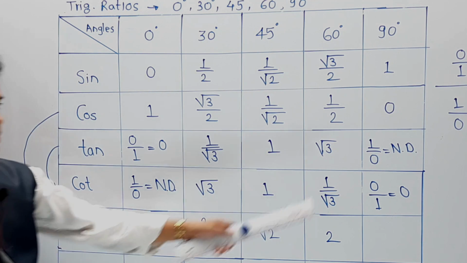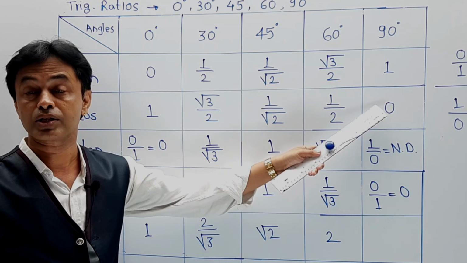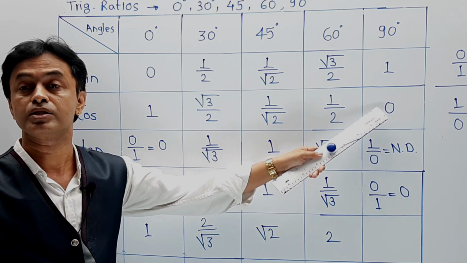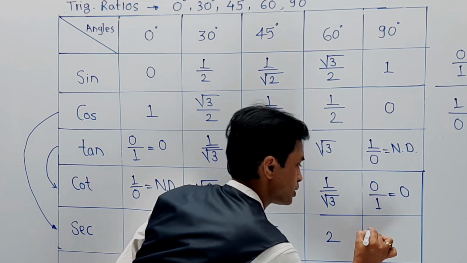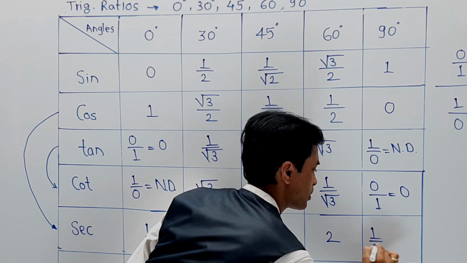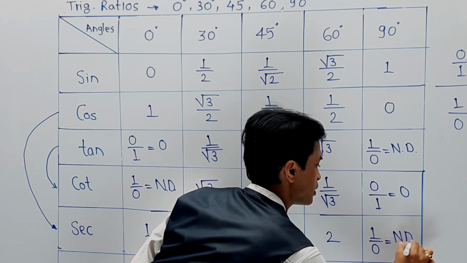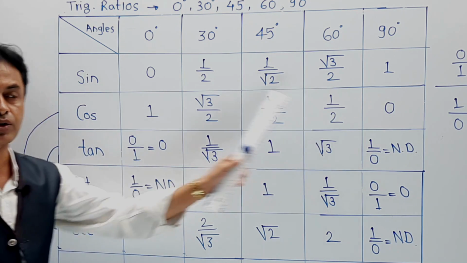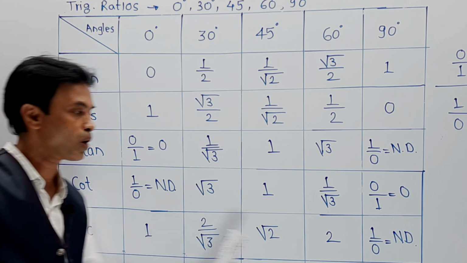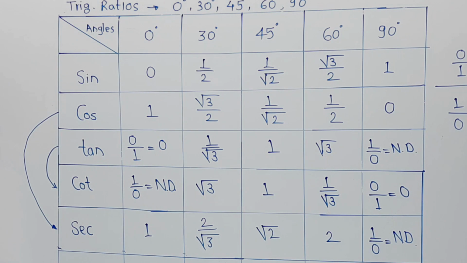And the last value is 0. Remember, it is not just 0, it is 0 divided by 1. So its reciprocal becomes 1 divided by 0, which is written as not defined. In this way, the reciprocals of cos are converted into sec.